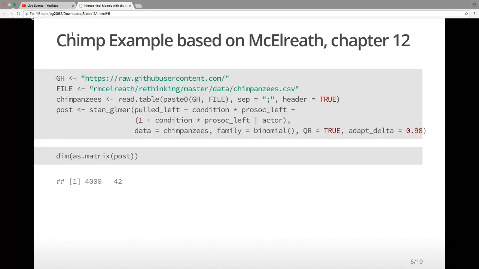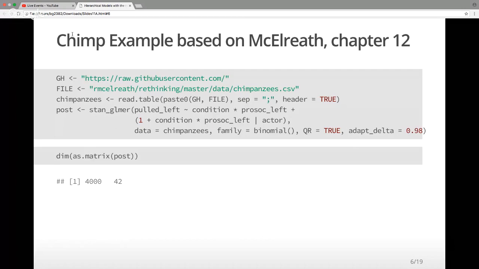So in this particular case, it might be somewhat reasonable to think of this multilevel model from a frequentist perspective, because we could have taken another chimpanzee from the population of chimpanzees. This experiment didn't exhaust the entire population of chimps.